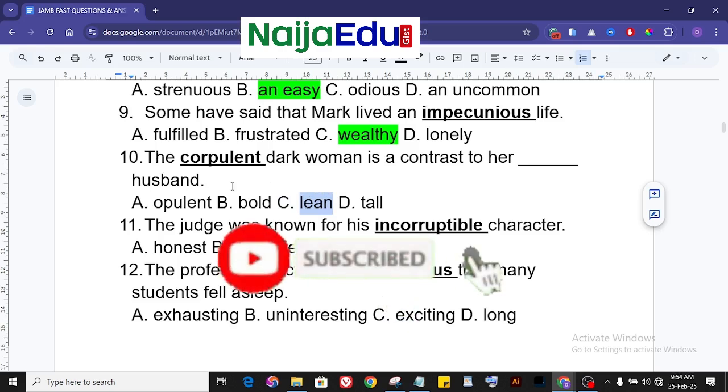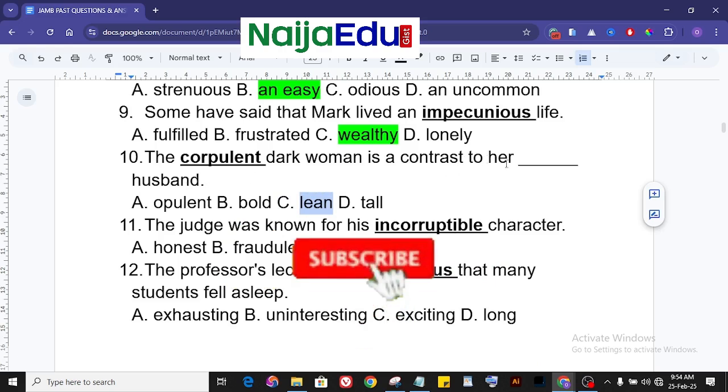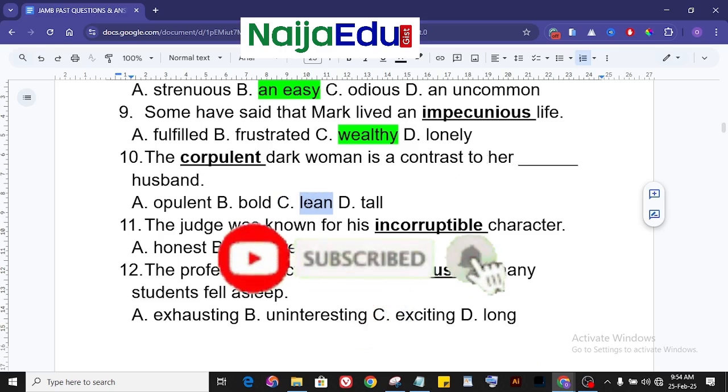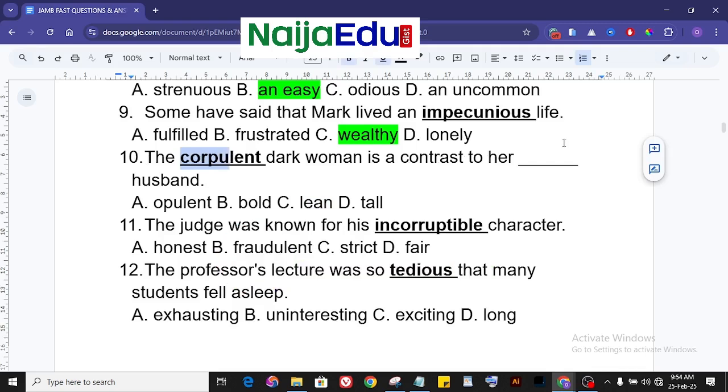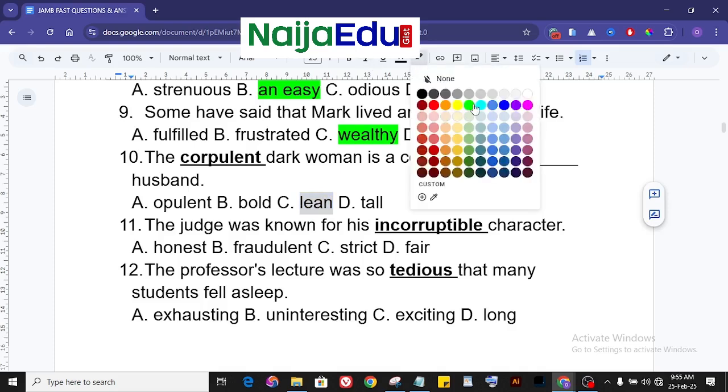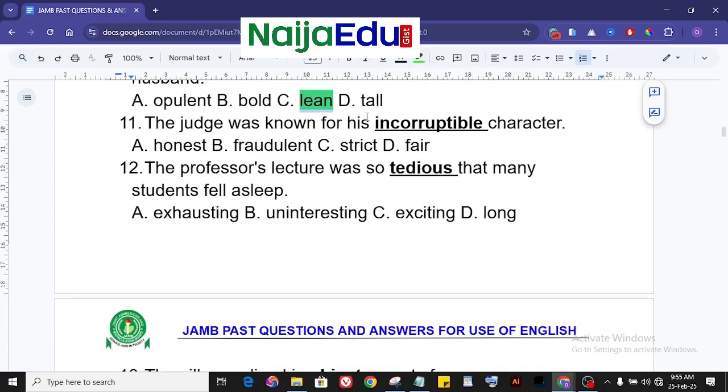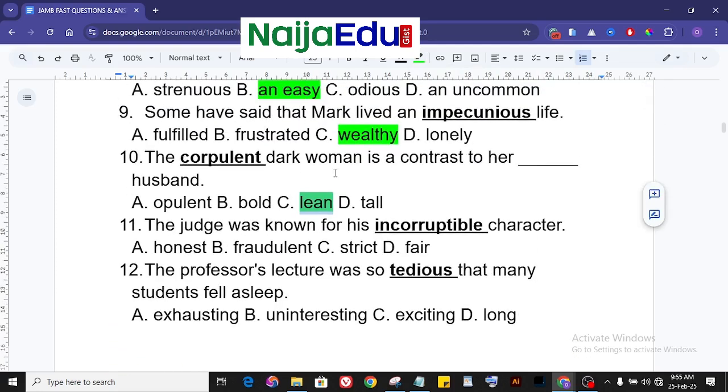So we can say the lean dark woman is a contrast to her lean husband. So we are using this to give the answer to the space that is being left to fill. So the answer to this question is lean. Option C is the correct answer. Tall, of course, is not the opposite of being fat.